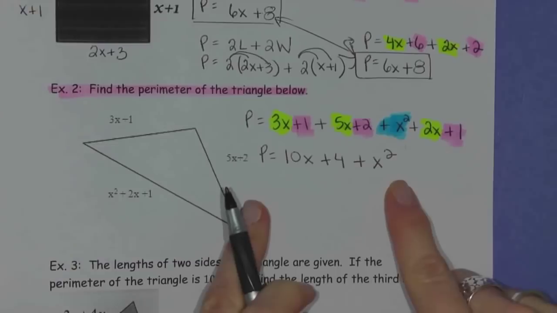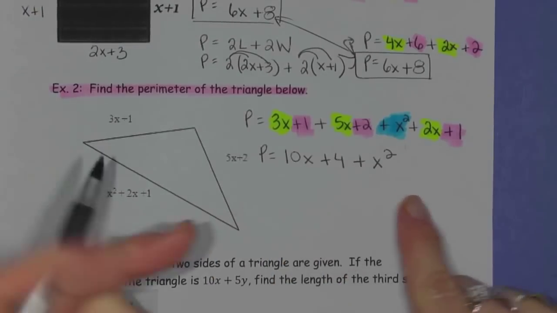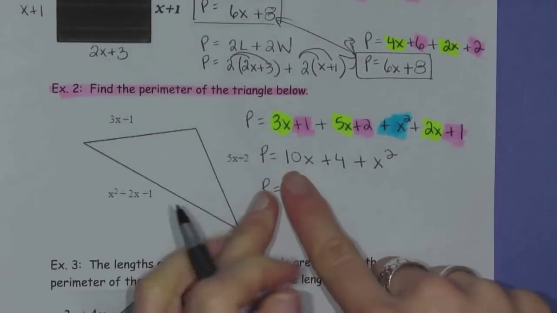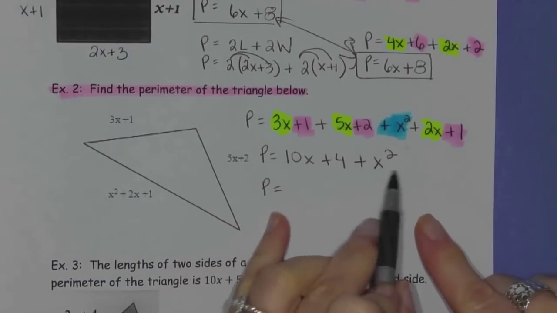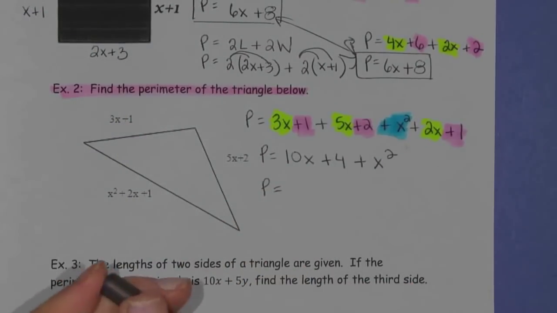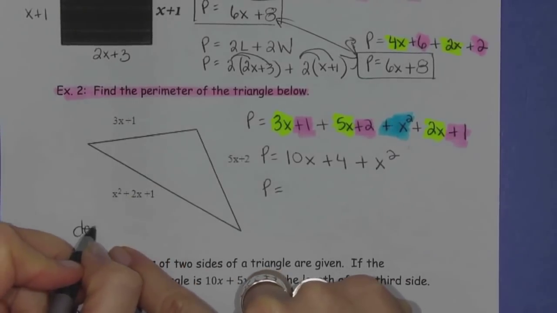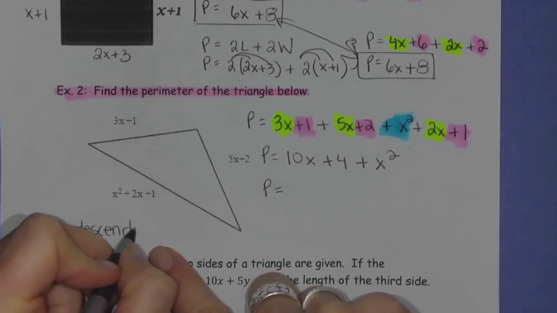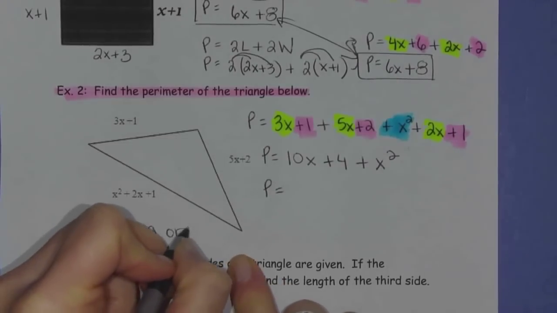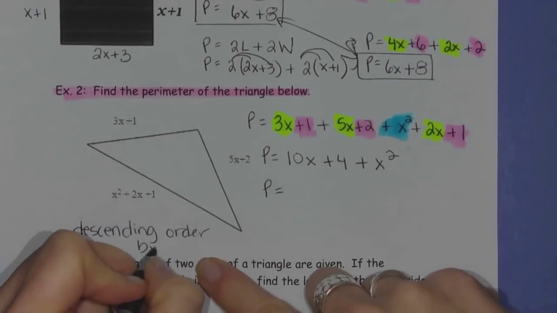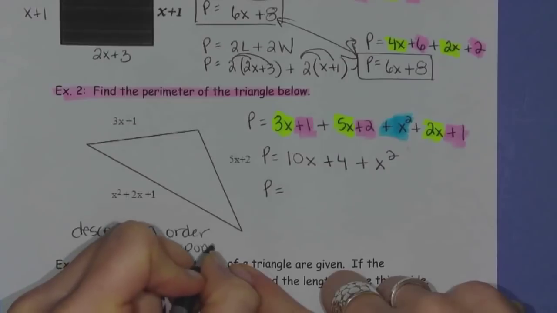Now, you could leave your answer like this, but I would prefer that we write our polynomials, in this case our trinomial, in descending order. Okay, that's a new term here. Descending order by exponent.